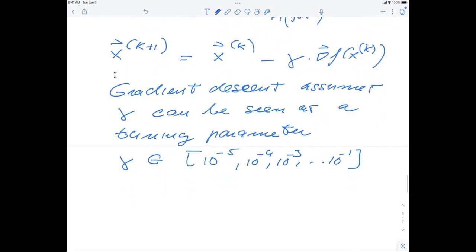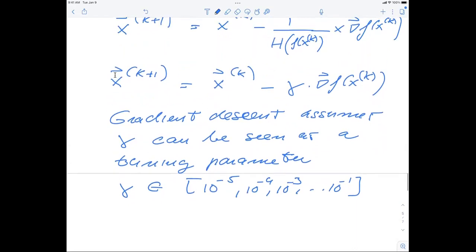So standard gradient descent is a very simple method to implement. This is typically the method we would advise you to try out in the beginning when you're setting up the derivatives. Then you would play around with different values of this parameter gamma and find the one which gives the best result.